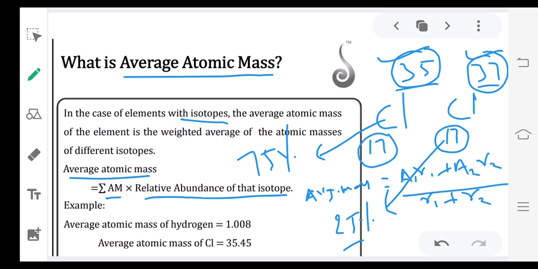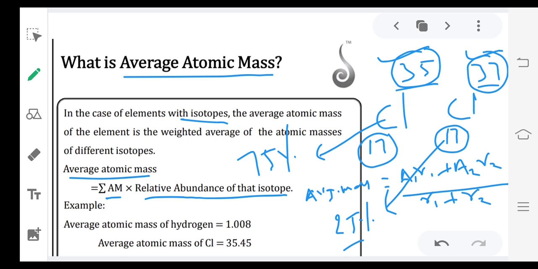Those 75%, 25% are called abundance of those isotopes. Relative abundance means instead of 75% we take 0.75, and instead of 25 we take 0.25. That is relative.